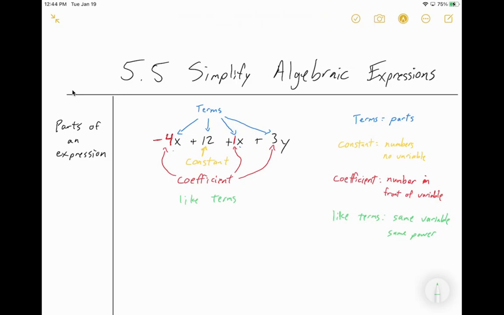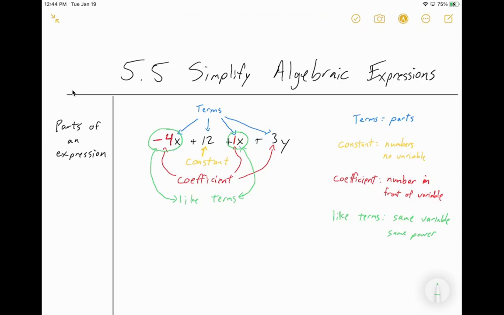So that's what we talked about on that last slide, the idea of what can we combine, which ones can go together. Well, in this case, our like terms are 1x and negative 4x. Those are the only ones that could be combined. You cannot combine the 12 with them. The 12 doesn't have an x. You cannot combine the y with them. The y doesn't have anything in common, right?